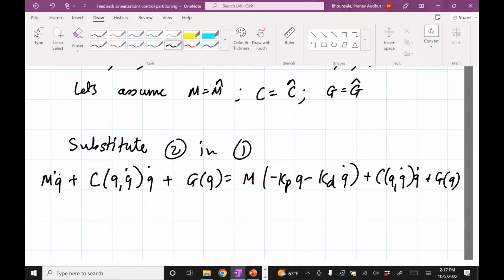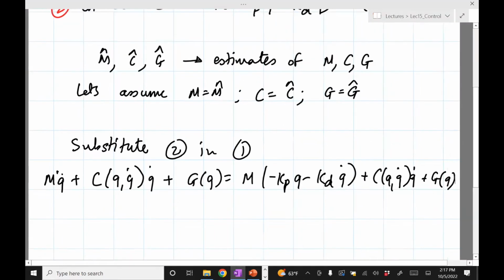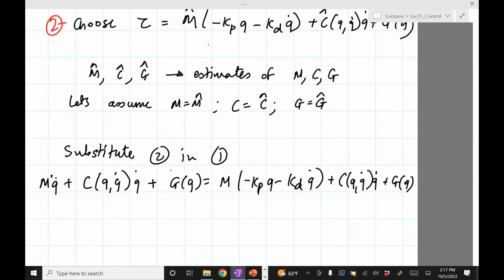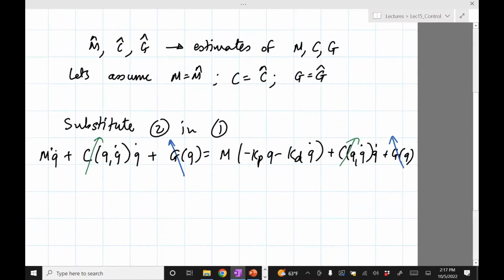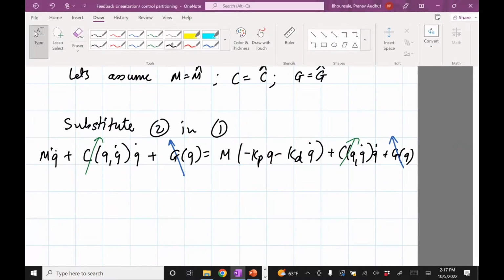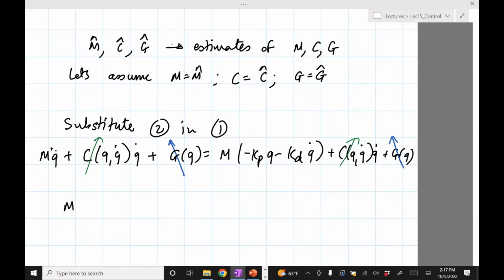Okay, now you see that you can cancel a few things. This g will cancel with this g. This c will cancel with this c. And so what you can do is move things around. I'm going to move whatever is left, the mass times kp q, to the left side.